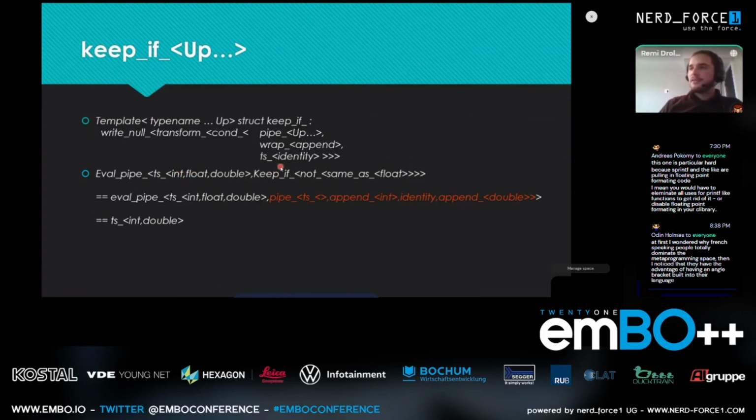This keep if gets transformed into type of ts nothing append int, because the int, since it's not a float, will get wrapped inside append, and the float that is next will get transformed into an identity, and then the double will get wrapped into an append, and then I evaluate this. And since I start with an empty list, I append int, I do nothing in the case of float, and I append double, and I get the result that I want.